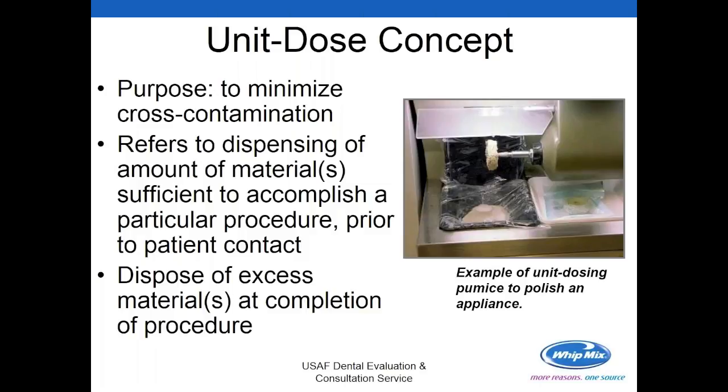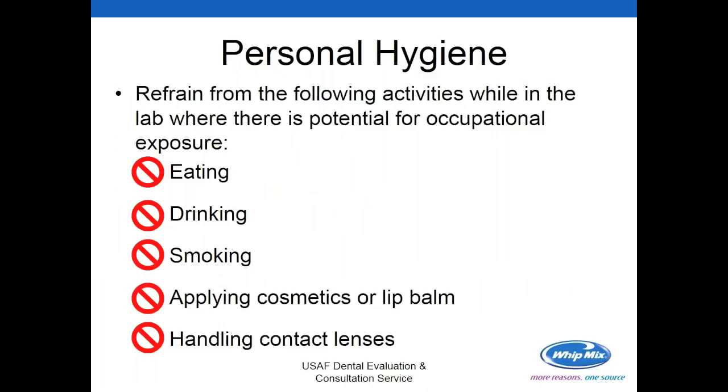We're going to polish the appliance, and then we're going to throw all that pumice away, because we have to assume that the denture that came in for a reline or repair has bacteria on it. When you polish it, it transfers into the pumice. And then if you use that same pumice to polish somebody else's case, you can transfer the bacteria right back onto that case. So try using this. It refers to dispensing just a smaller amount of material, sufficient to accomplish the job, and then getting rid of it once you're completed.